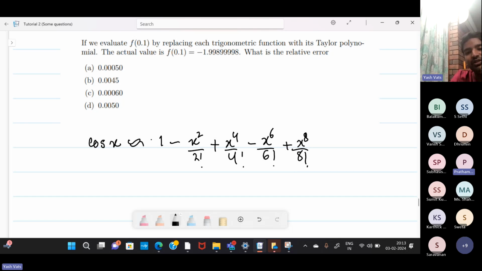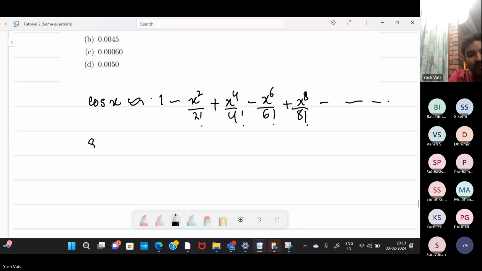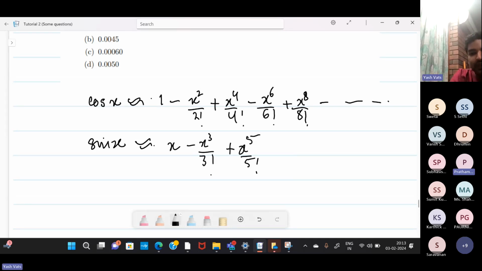Okay, and what about sin x? x minus x cube upon 3 factorial plus x to the power 5 upon 5 factorial. Okay, so it's just the integration of the previous, minus x to the power 7 upon 7 factorial.